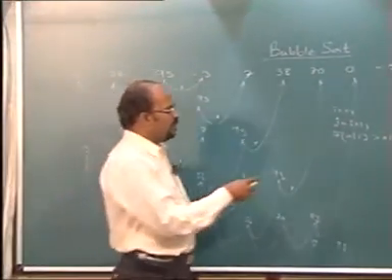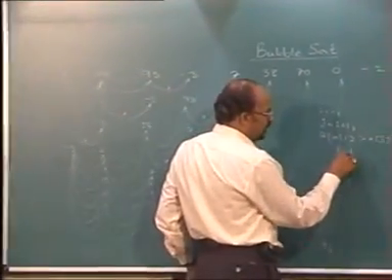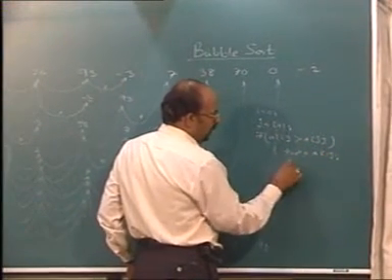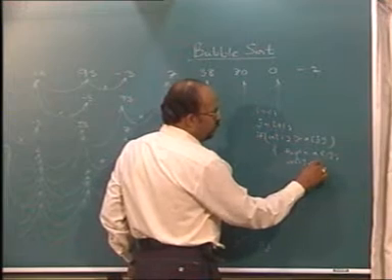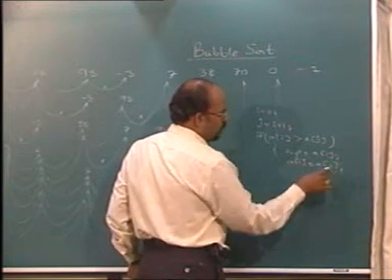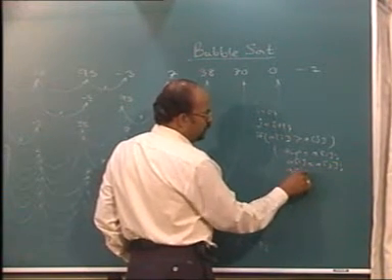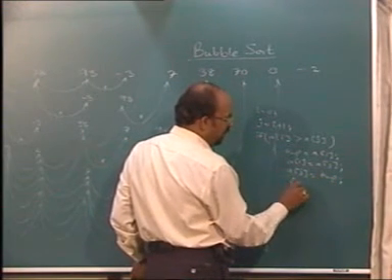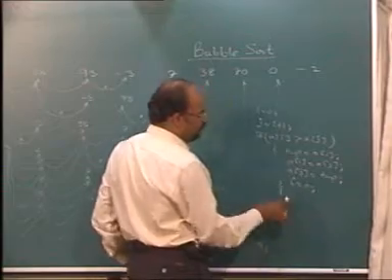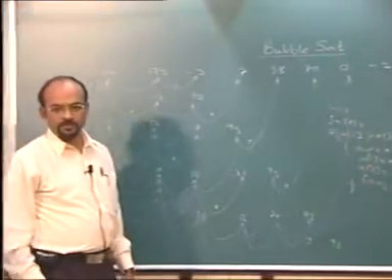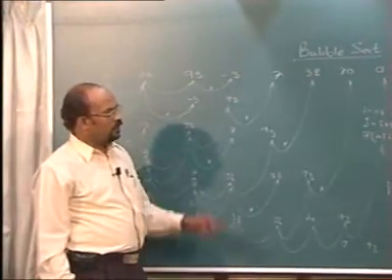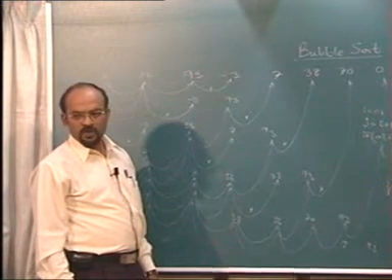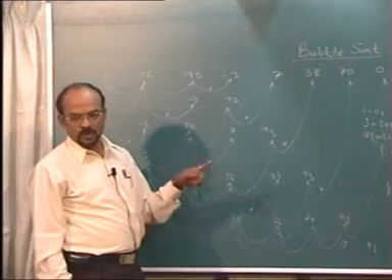So I will say in that case temp equal to a of I, a of I equal to a of j, and a of j equal to temp, and you are required to restart, set I equal to 0, and again go back to j equal to I plus 1 actually.